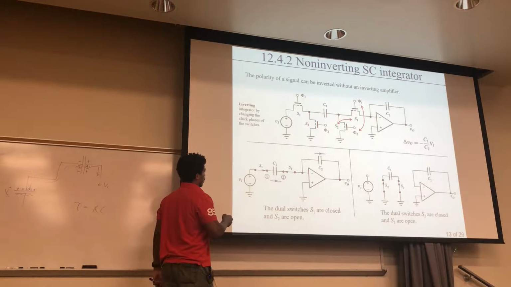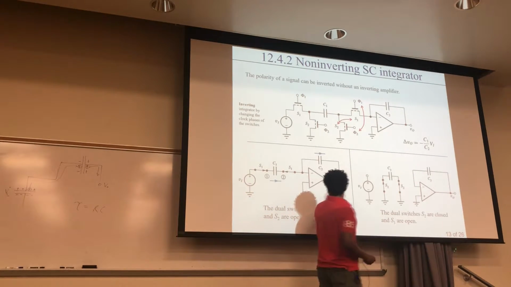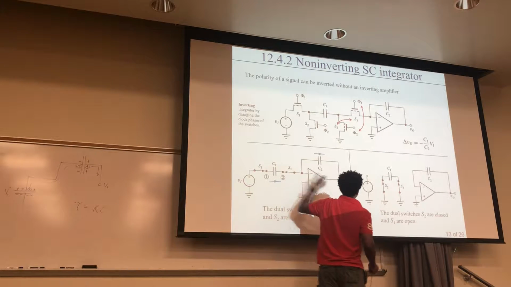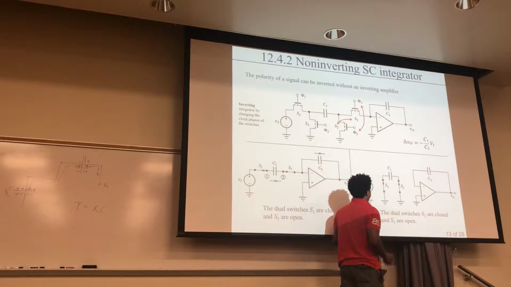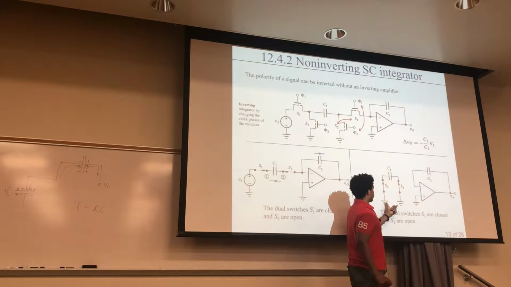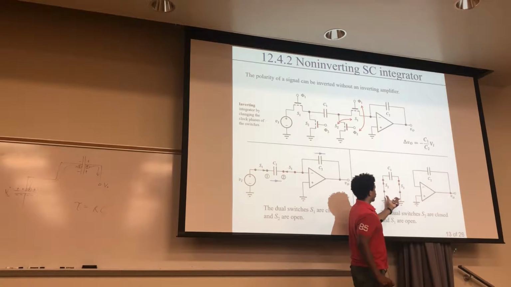So current is going that way. And then you open up these two switches here, and then you just have these two S2s. Those are closed, and now this just discharges. So now you have the same potential across here, so you have no charge accumulated on here, and it just discharges.